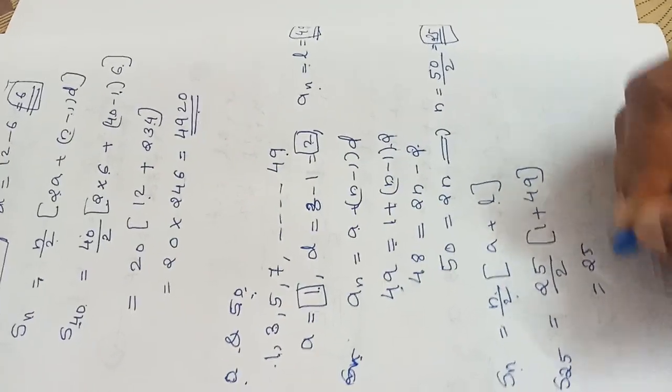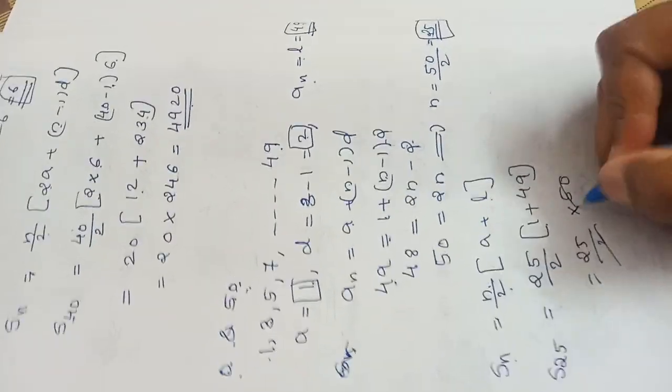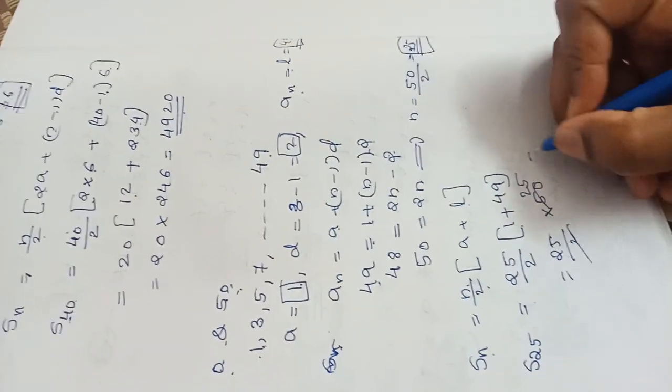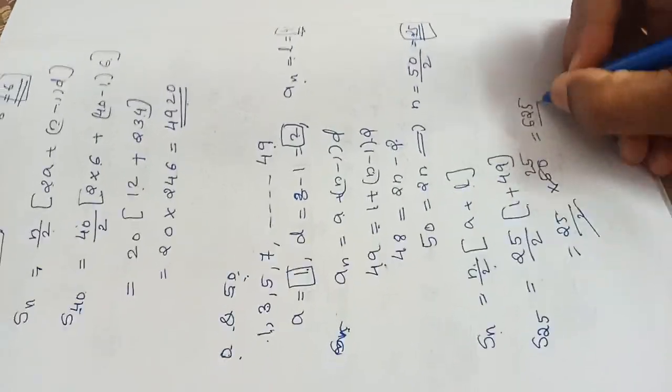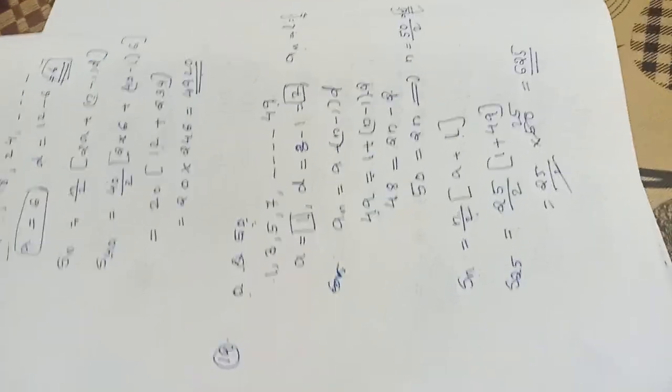So 25 divided by 2 into 49 plus 1 is equal to 50. Cancelling these two numbers, we get 25. So 25 into 25 is equal to 625. So S25 is 625.